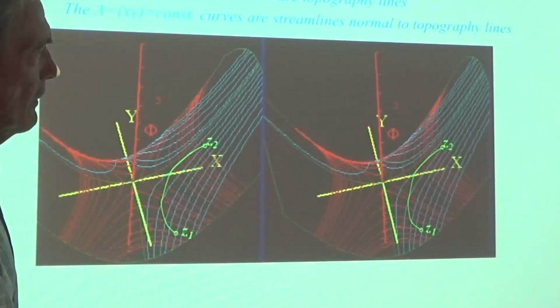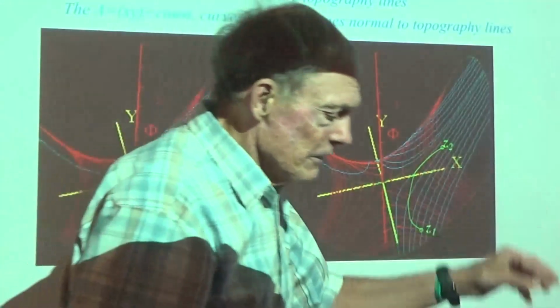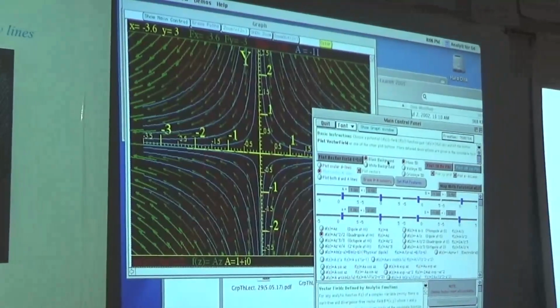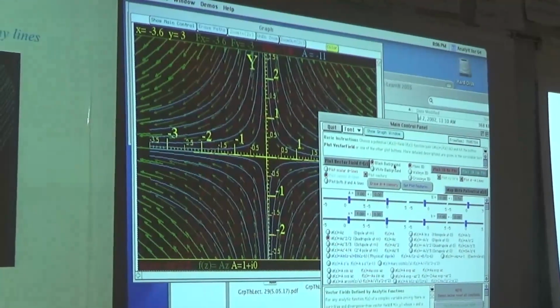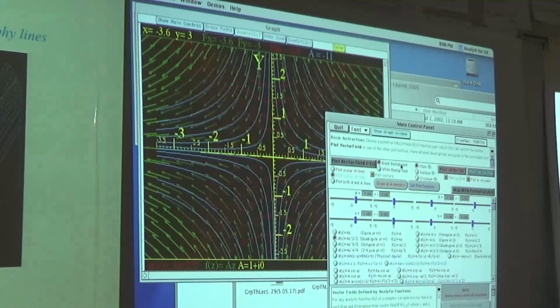So I'm going to go over and look at this graph right here with its curves that it has memorized, and we're going to be doing the same thing, memorizing whatever curves you make, and then you erase them when you're tired of them. But I don't want the computer here. What I want to plot is the 3D picture of that real part of the potential, the phi function.